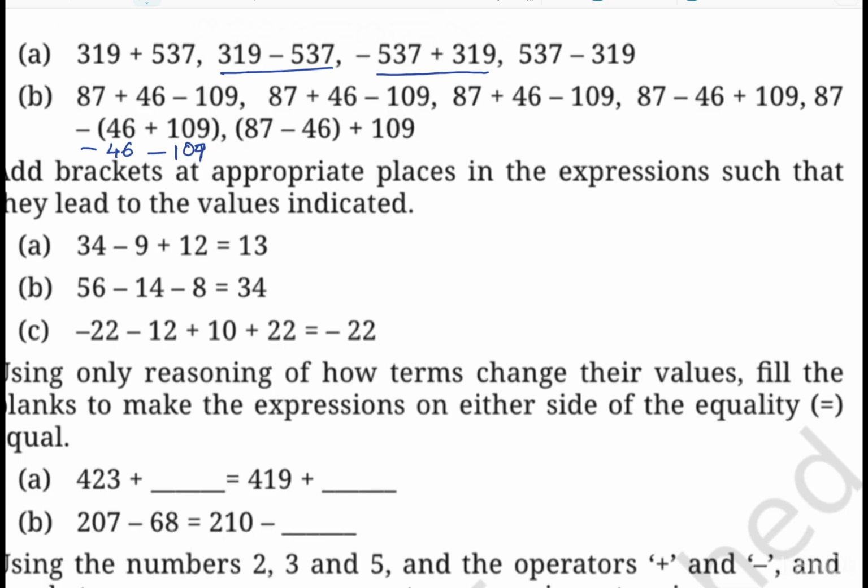Here 87 minus 46 plus 109, there is no sign in front of the bracket, so there is no change in the signs inside the bracket, so it will become 87 minus 46 plus 109. So this and this one are equal, so we can write these two expressions are equal.